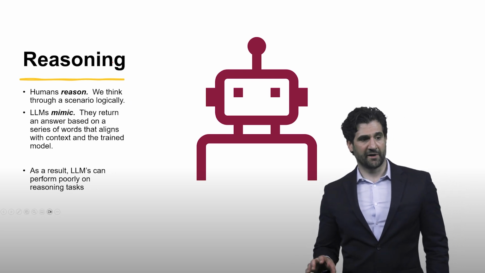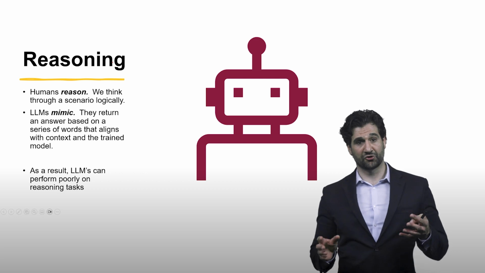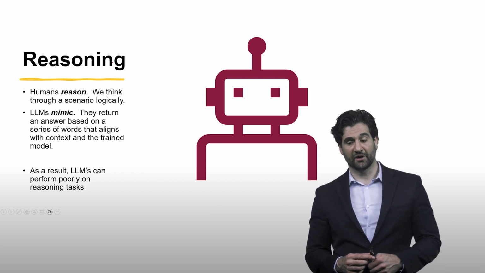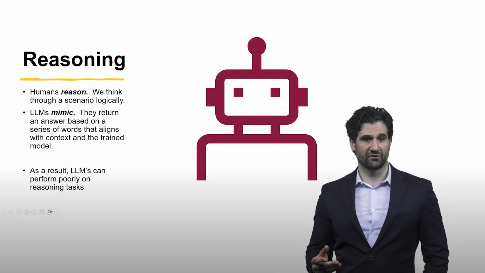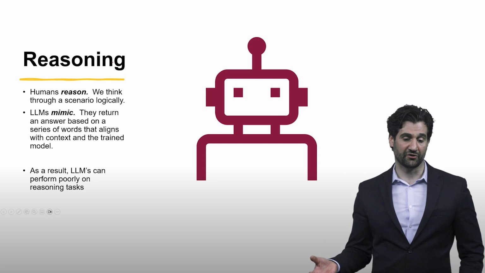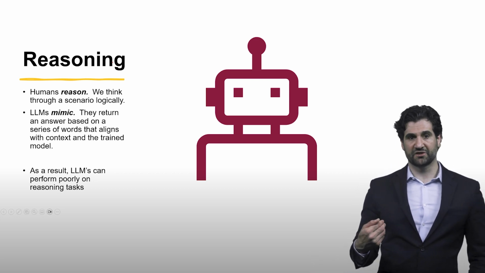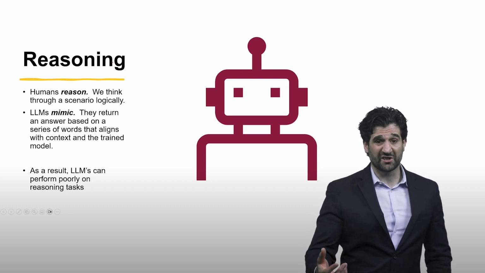Now, we talked about different types of prompts earlier on, and how few-shot learning can really help us with some of our issues. But there is a type of question called reasoning, where you have to think through something, think through the result. As human beings, when we get a question, we reason through the results.